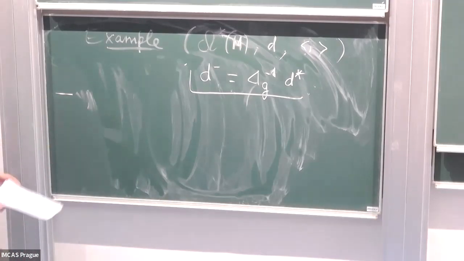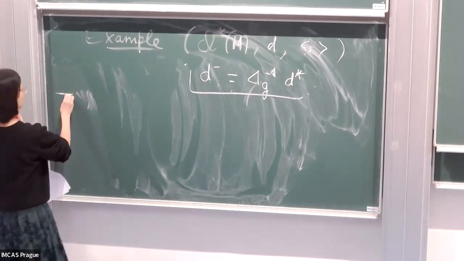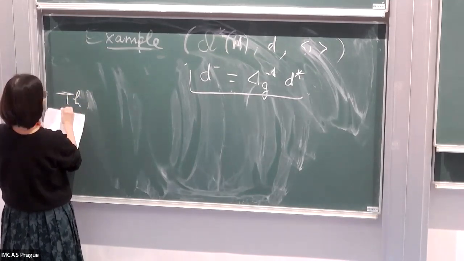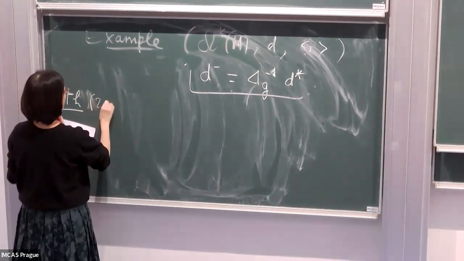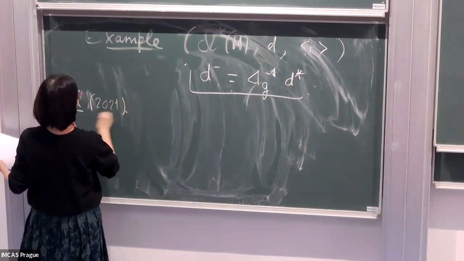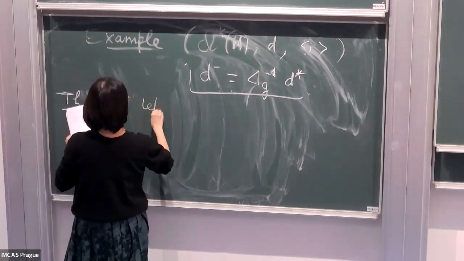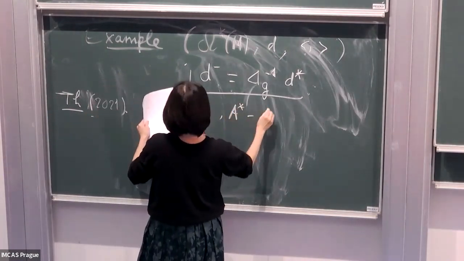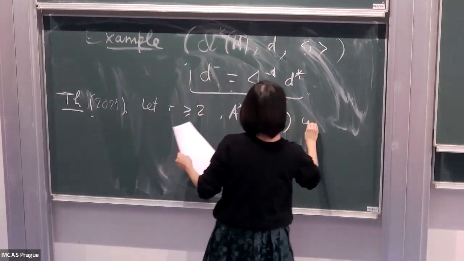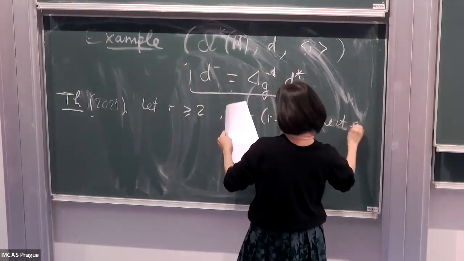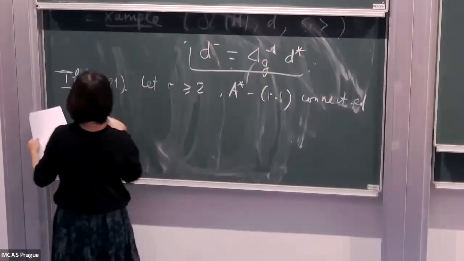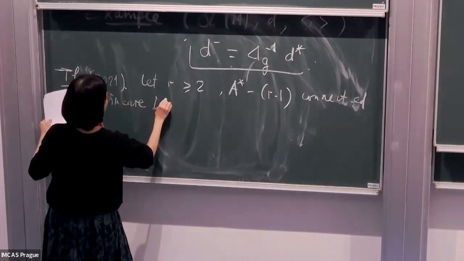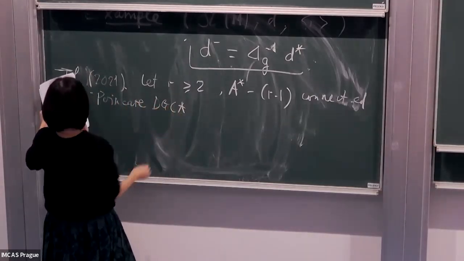Then what is the main theorem? The theorem is the following, from our paper in 2001. Let n be greater than or equal to a minus 1, and let A be an (n minus 1)-connected Poincaré differential graded commutative algebra of degree n.